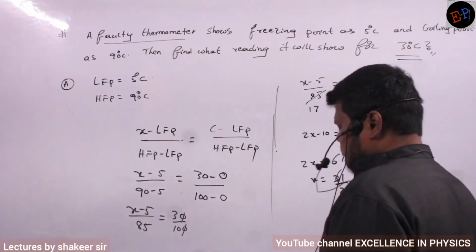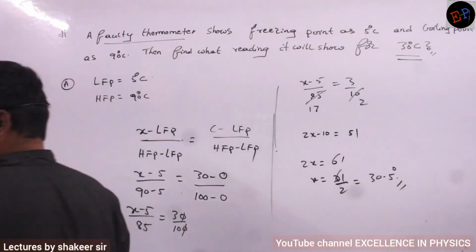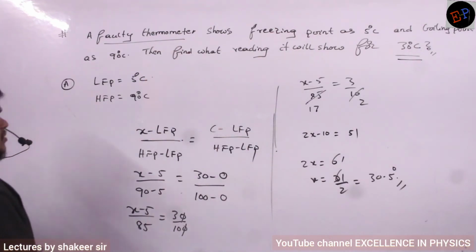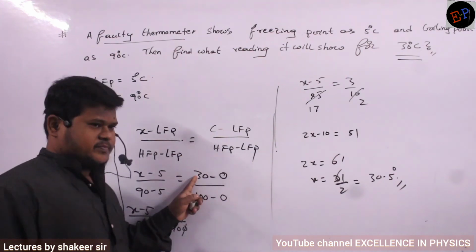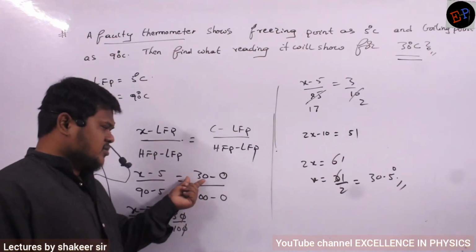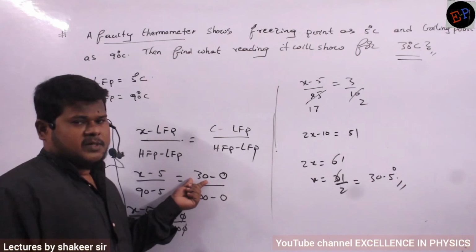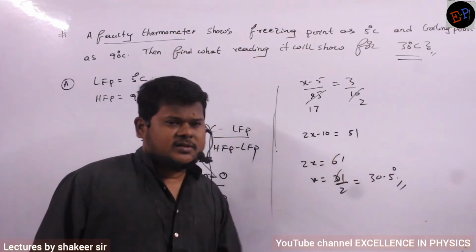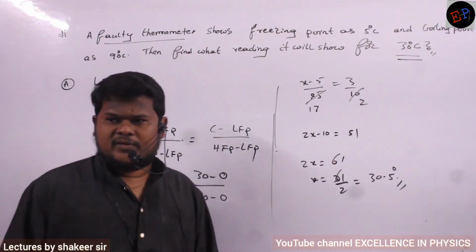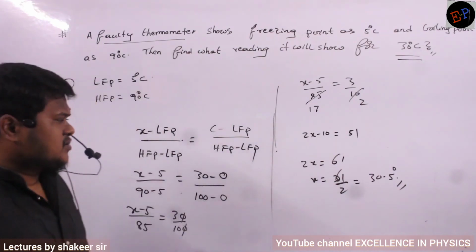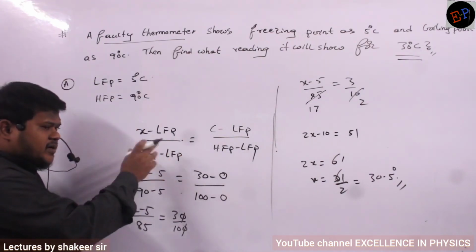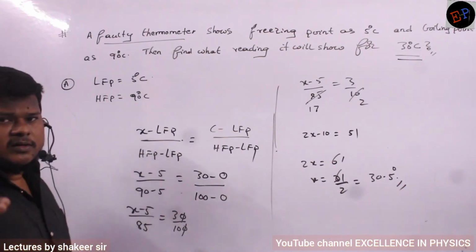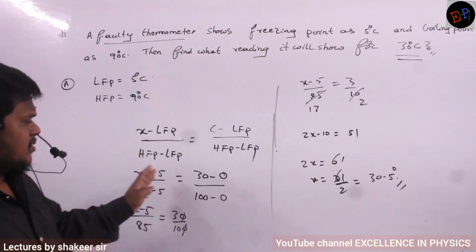So this is the reading shown by the faulty thermometer for which temperature? For a temperature of 30 degrees. Actually it should show a reading of 30, but because this is a faulty thermometer, it is showing 30.5. So have you understood what method we have used? Even a faulty thermometer we are taking as a new scale of reading, and we are doing the calculation.